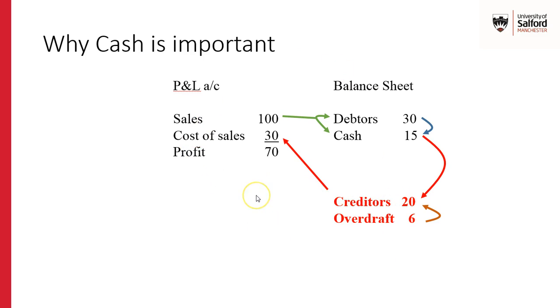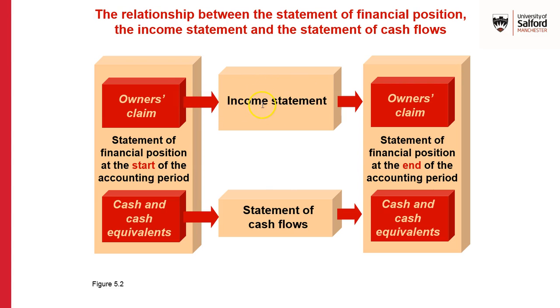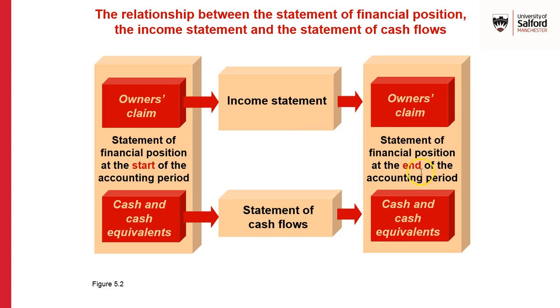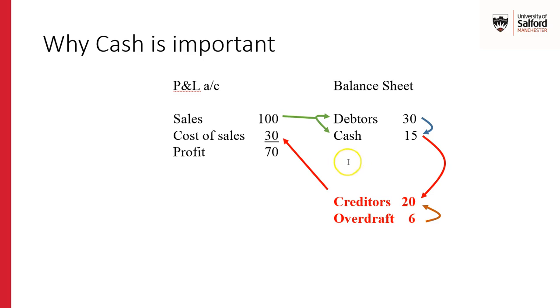If we look at the process in a slightly more dynamic manner, we have the profit and loss account, or income statement, and the balance sheet, which is our statement of financial position. What happens during the year is that sales turn themselves into debtors or cash.